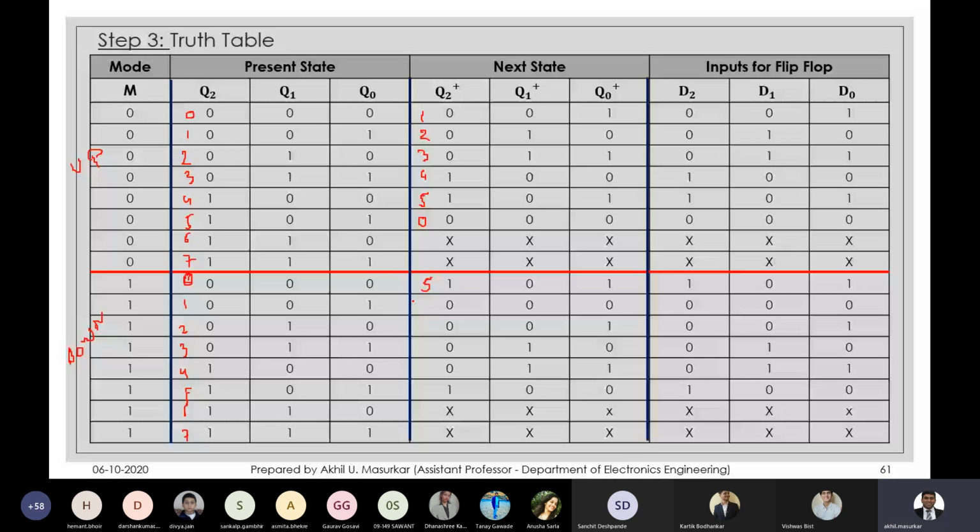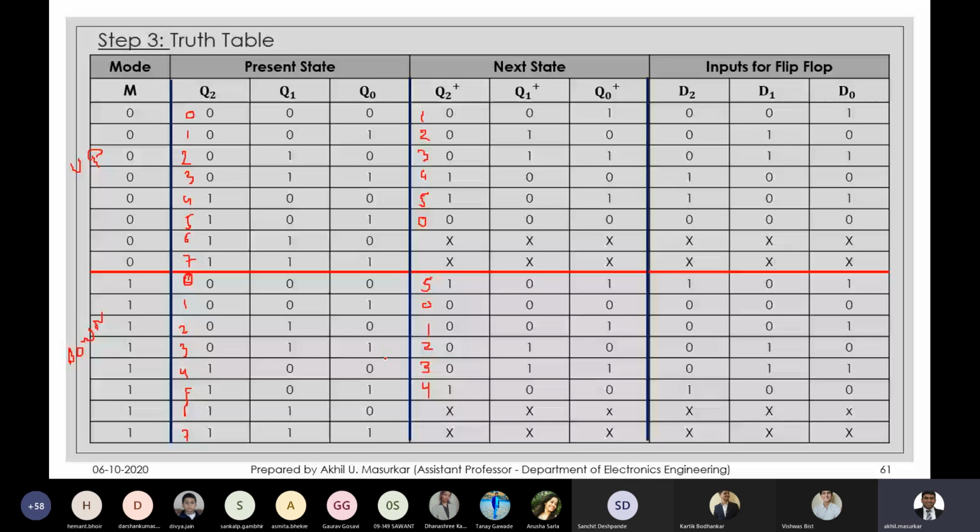If I am at 1, my next state should be 0, 1 less. If I am at 2, then my next state should be 1. If I am at 3, my next state should be 2. If I am at 4, my next state should be 3. If I am at 5, my next state should be 4. And if I am at 0, my next state should be 5.